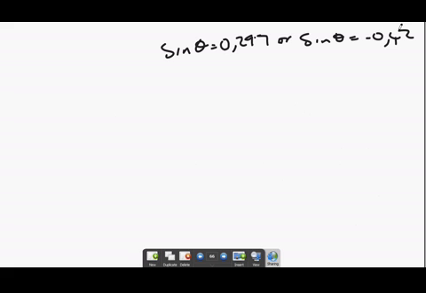So if I find the sine inverse, I'll now get the general solutions for both answers. So it's second function sine inverse of 0,297, which means that I will get theta is going to be equal to, the first one is 17,28, and the other one is 162,72.